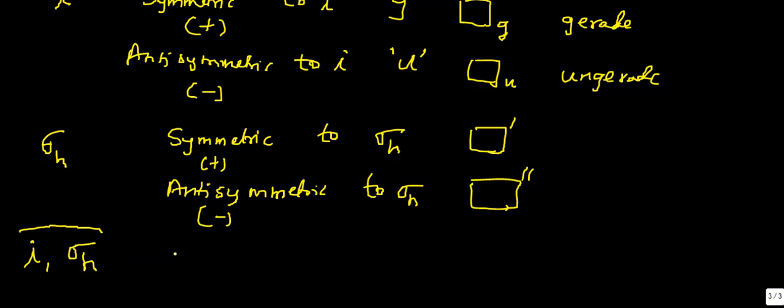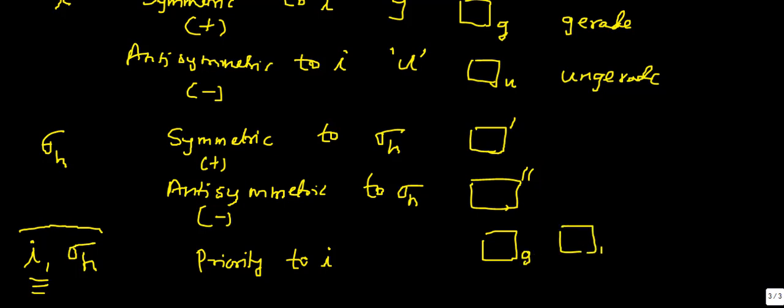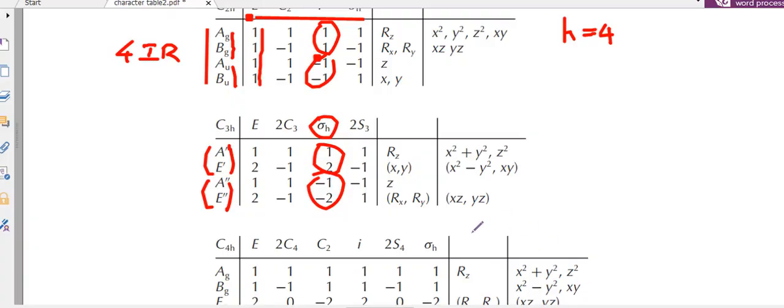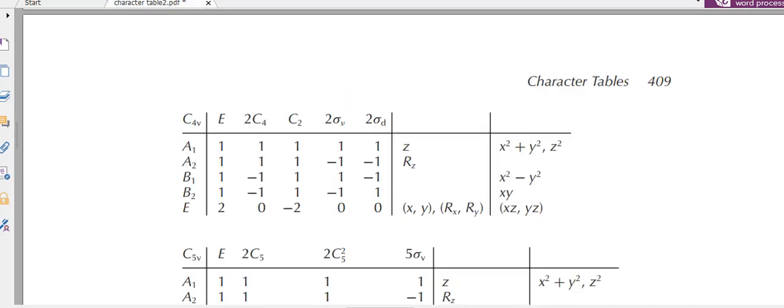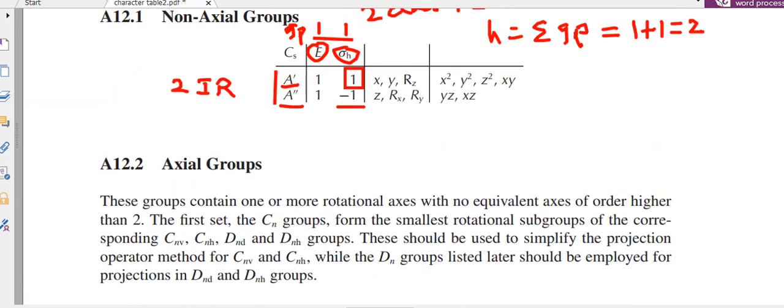Then the priority in naming will be given to I, and based on the value of I, you will give this subscript as G or U, and you will not name with the dash and double dash. When both I and sigma h are present, priority will be given to I. We will take some examples for this also.